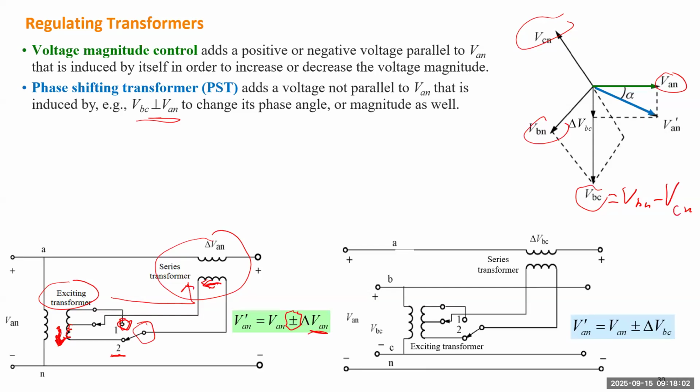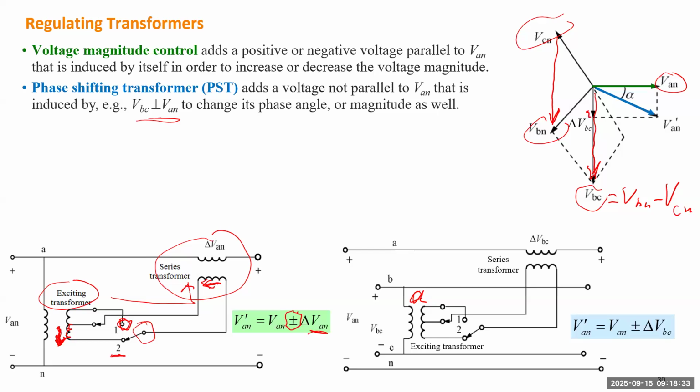Which is equal to drawing a phasor starting from the head of C down to the head of B. So basically, that is exactly this one. So that one is orthogonal to VAN. So if you want to change the phase, not the magnitude, using orthogonal will be very effective. So depending on the ratio here, you can decide the ratio. Even the ratio can be adjustable.